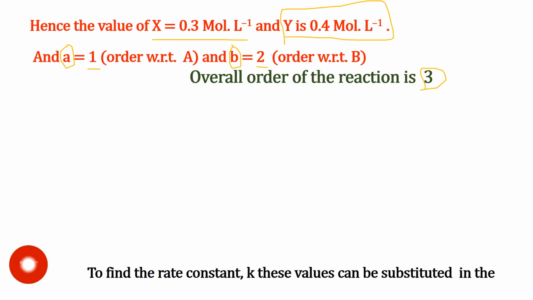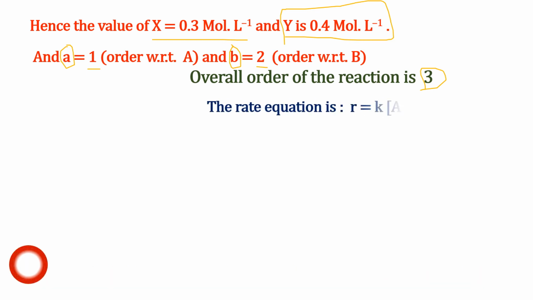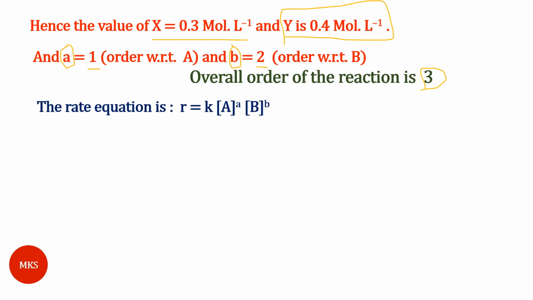To find the rate constant K, the order and concentration values can be substituted in the rate equation. R is equal to K into A to the power of small a and into B to the power of small b. If you substitute the values of A, B and the orders, and we know the rate also, then we can find the value of K.